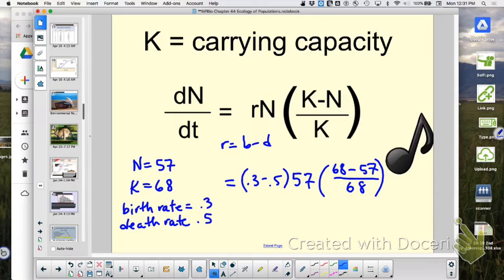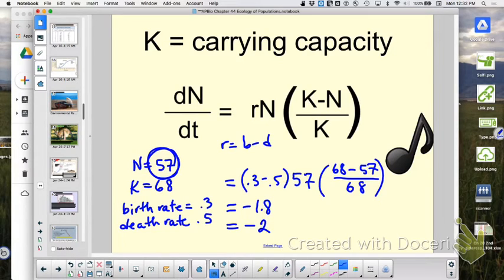So you would solve all of that, multiply those 3 together, and what did you get? Negative 1.8, which you would round to what? Negative 2. So that means right now my current population is 57, but next year my population is 55.